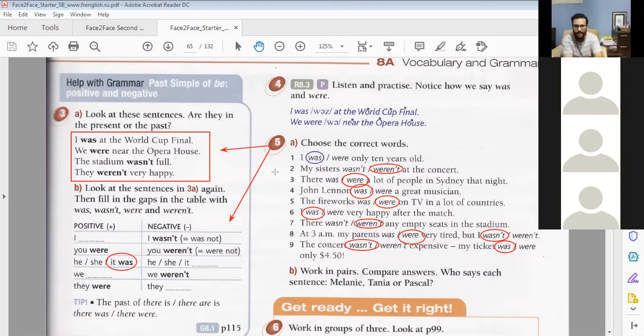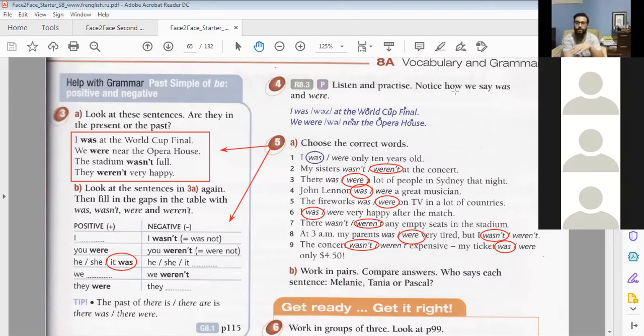Okay, so let's continue. We have a little bit of listening. It says here in number 4, listen and practice. Notice how we say was and were. So I want you to listen to the pronunciation. This is the same story with can. So we have the strong form, can, and we have the weak form, kun. The same thing with was and were.